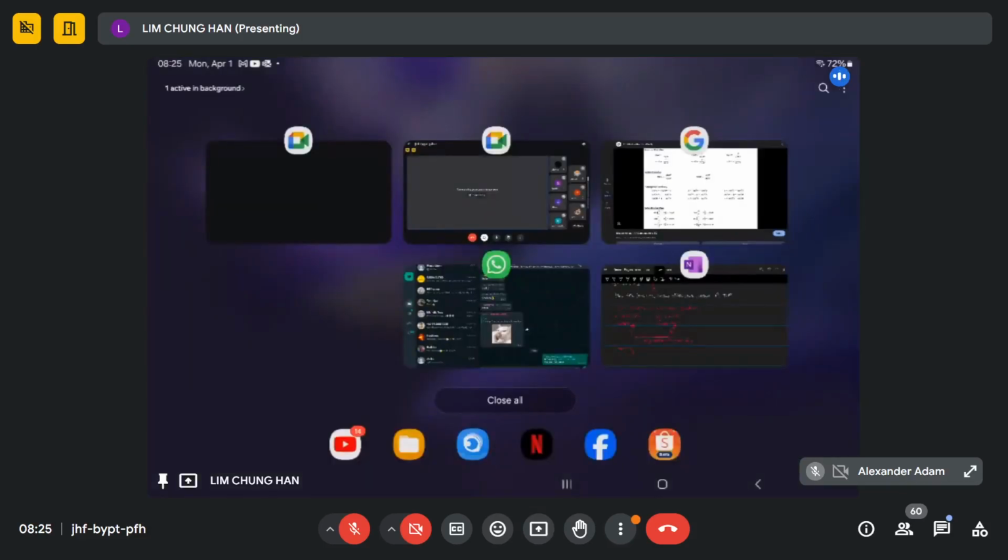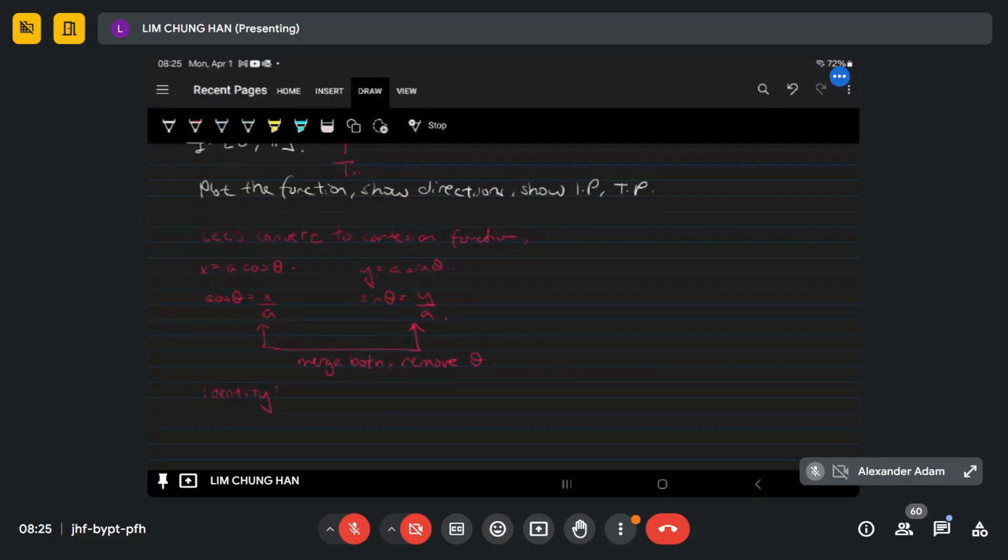So you can solve our problem using trigonometric identities. Now we have a cos, we have a sine. Which trigonometric identity has both cos and sine inside?